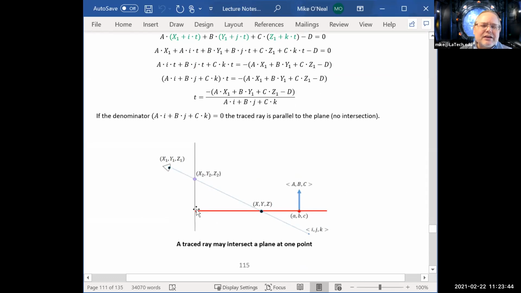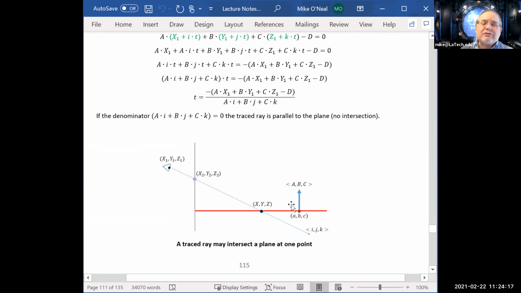What it's saying is, here's a plane. This plane is defined by a surface normal. We usually call it N, but we've got so many letters here, we've got to find something for everybody. So we're calling our surface normal cap A, cap B, cap C. This is the X, the Y, and the Z of the surface normal. But a surface normal, a vector, has to be anchored somewhere because it's just a direction and a magnitude.